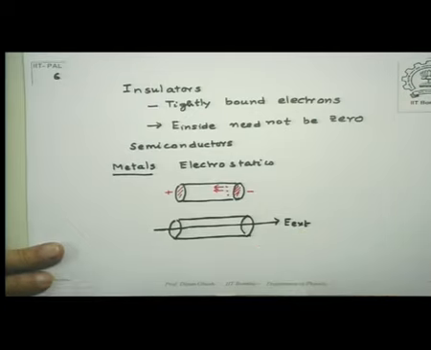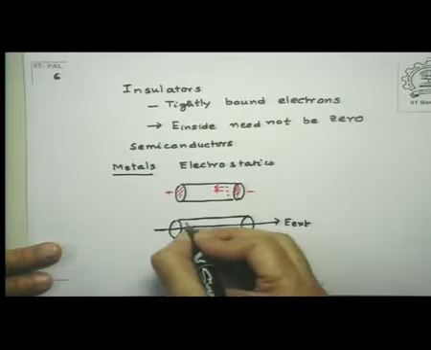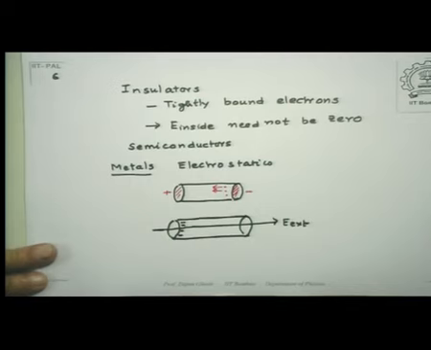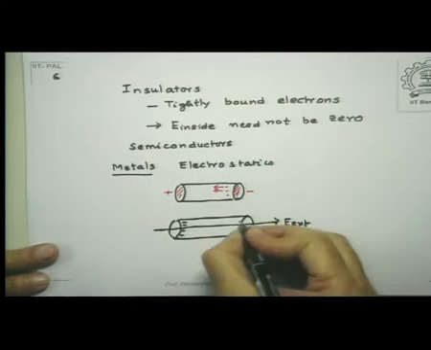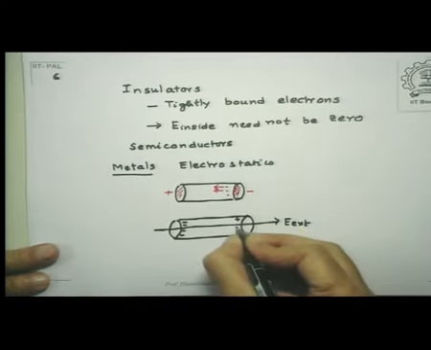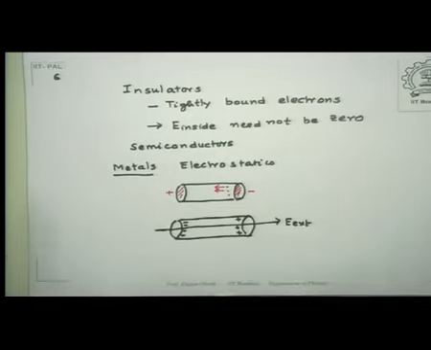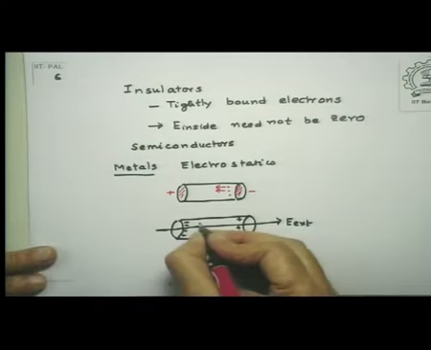Now, you realize immediately electrons would start moving opposite to the direction of the electric field. So, that will charge up this side, and that would make that side positive. The result of this is to create an effective field inside the material.